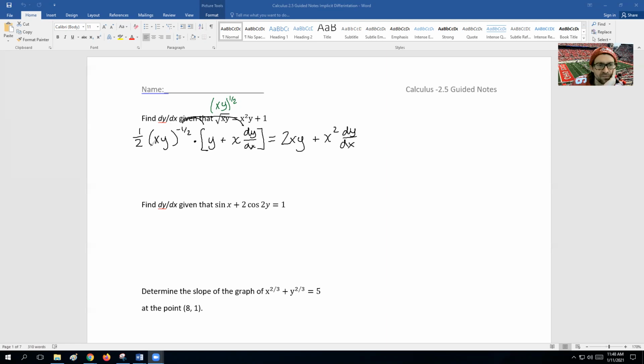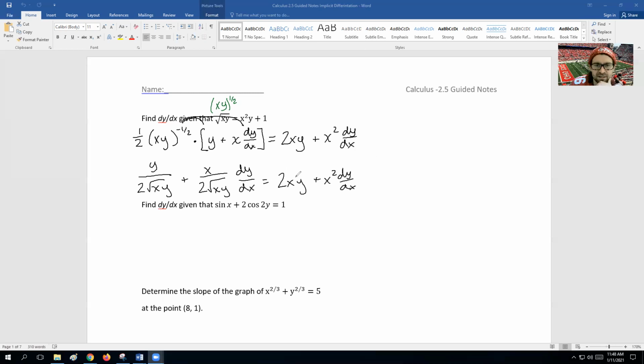Now, really, this is 1 over 2 radical x, and I'm going to times that by y. So this would be y over 2 radical xy plus x over 2 radical xy dy dx is equal to 2xy plus x squared dy dx.